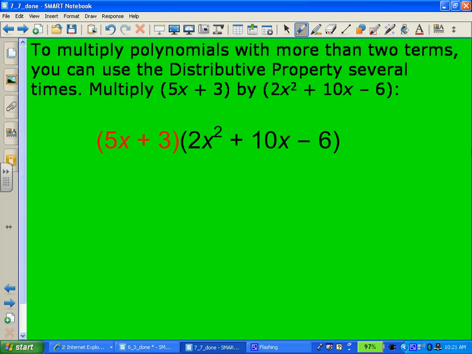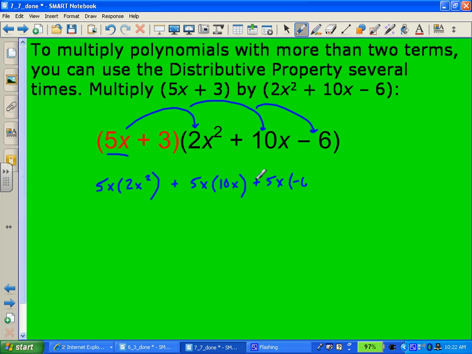The first one is to pretty much distribute several times. I'm going to take the 5x and multiply it by each part of this trinomial. So I have 5x times 2x squared, and I'm going to write this all out so you can see what I'm doing. Then 5x times 10x, and 5x times negative 6.